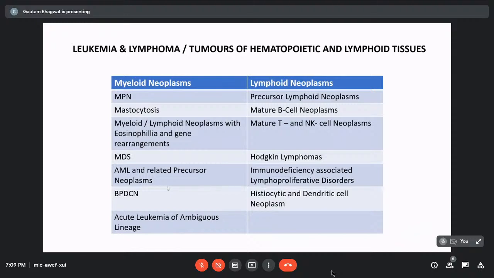A few of the entities are better diagnosed with DNA analysis by cytogenetics or molecular methods. A few of the diseases are better analyzed by immunophenotyping by flow cytometry. A few of the disease entities are better diagnosed by immunophenotyping of tissue, that is immunohistochemistry.